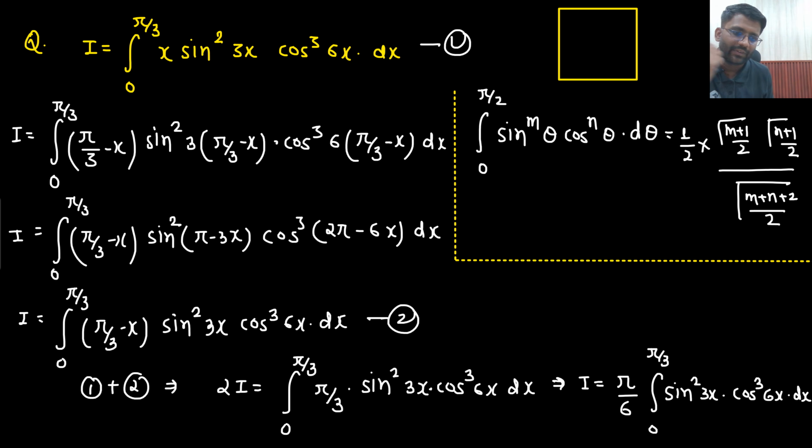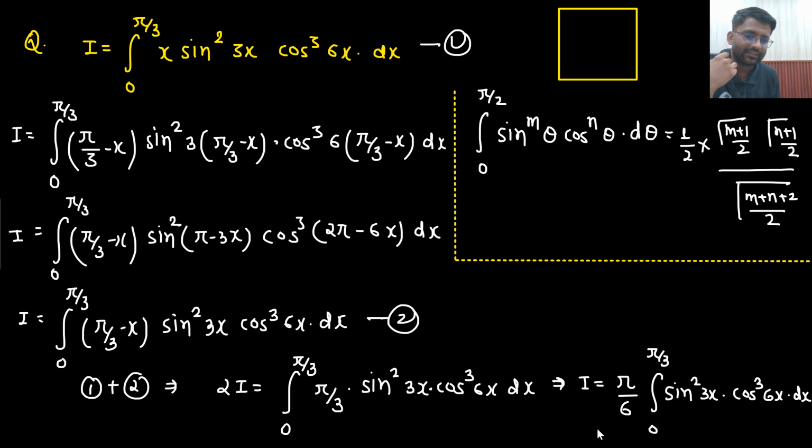I equals to what we are getting, pi by 6. Let's do one thing. I am calling this integration I2. So my answer will be pi by 6 into I2. What is my answer? I is nothing but pi by 6 into I2. So my target is solving I2 now.